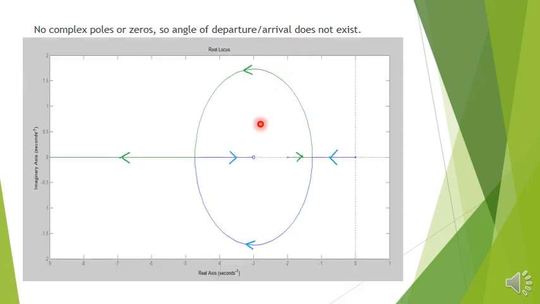Collectively, if I plot, the root locus looks like this. This is one breakaway point, this is the other breakaway point. These are the starting branches. Two branches start in this direction. At -1.27 it will take a deviation and then it reaches here. So it is not intersecting the imaginary axis.